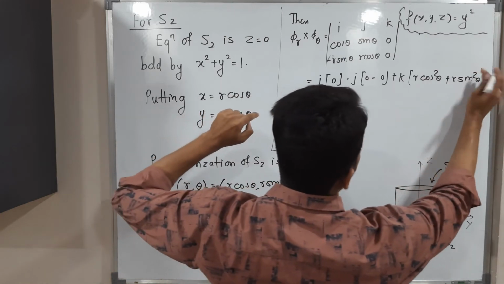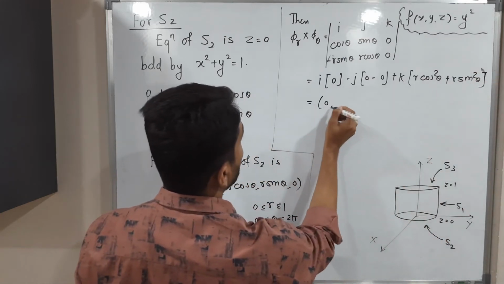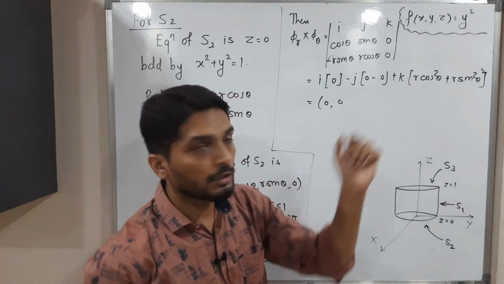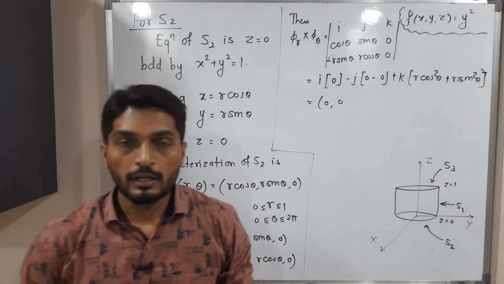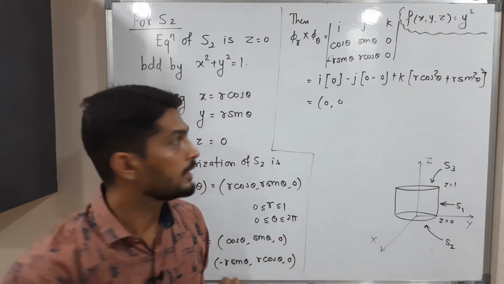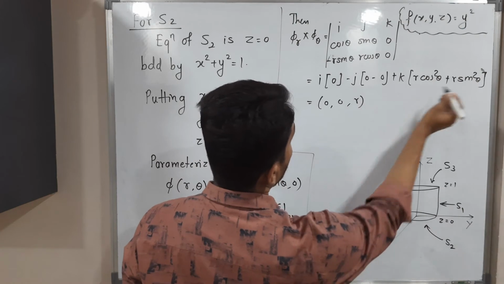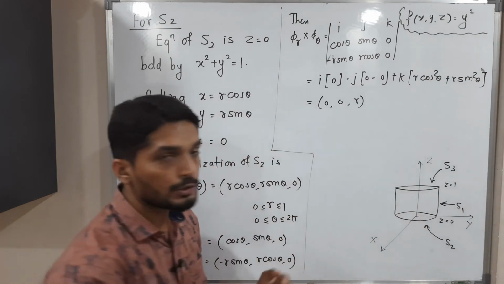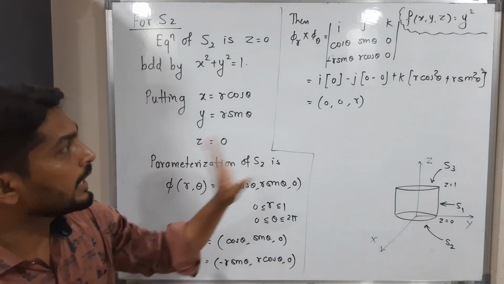The first component is 0, the second component is also 0. For the third component we can take r common. In the bracket we will have cos square plus sin square, which is 1. So only r is left there.